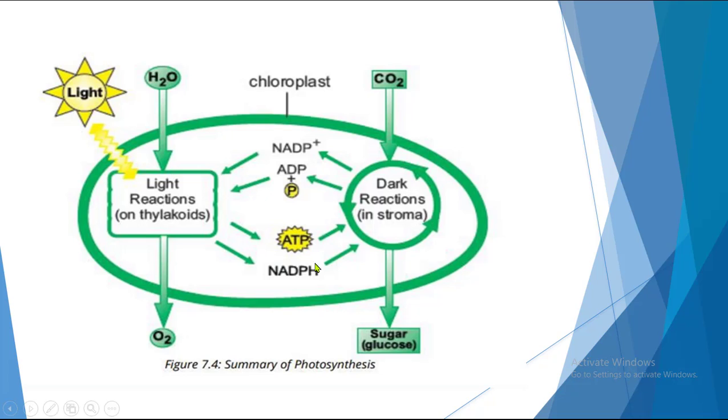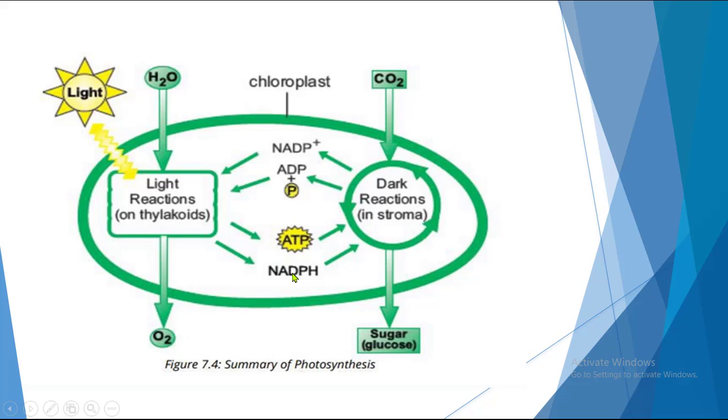So ATP is the energy currency, and the cells use this ATP molecule for all the processes, like active transport, or transfer of any other substance. ATP is the energy currency of both plants and animals. But what is this NADPH?